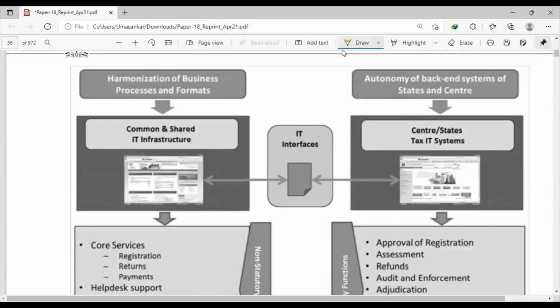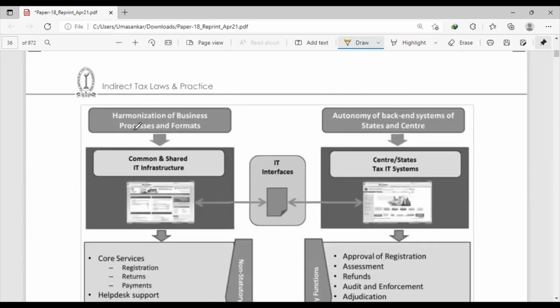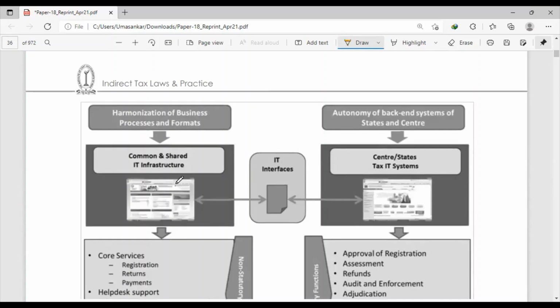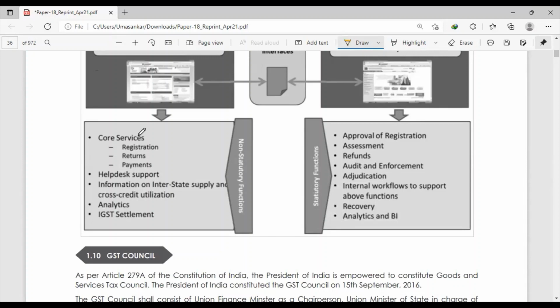It's just given as a pictorial understanding. What is given? Harmonization of business processes and formats, common and shared IT infrastructure, because IT infrastructure is available to everybody. So autonomy of backbone-backend system, central and state tax IT system interfaces are commonly shared between these two. And what are the core services?